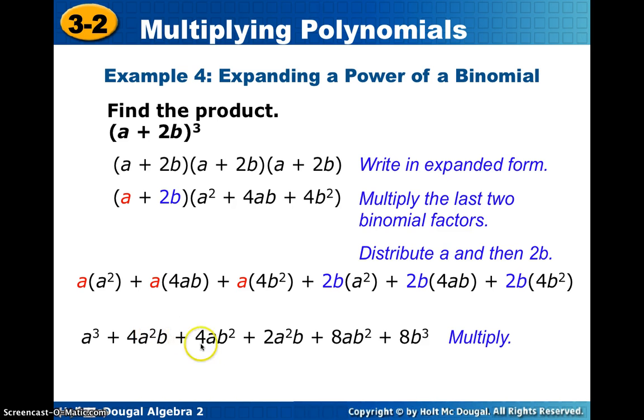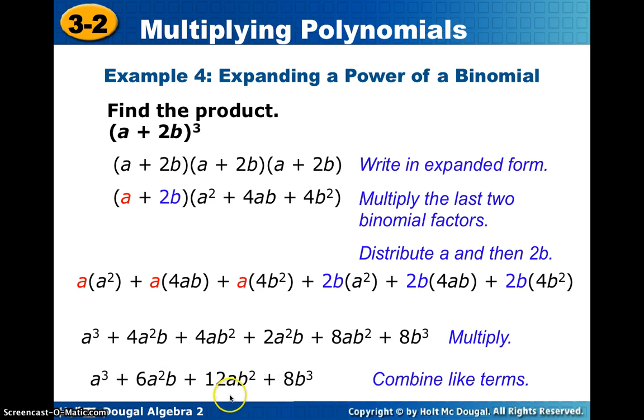Looking for something else that also has that, the fourth term here also has 2 a's and a b. So I have 4 of them over here and 2 of them over there, which gives me 6 of them all together. And then I can also combine the 4ab squared with the 8ab squared to give me 12ab squared. Okay, and that is my final answer.